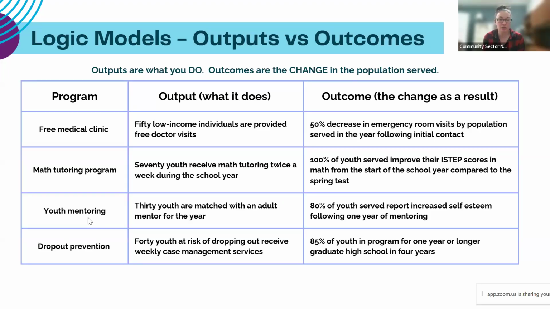In a math tutoring program, you could measure the number of children that receive tutoring during a school year, and then you could measure as an outcome what the results in the scores from the tests were. And then another example is youth mentoring. So an output is how many youth are matched with an adult mentor, and then an outcome you could measure is increased self-esteem as a result of the 1 year of mentoring.